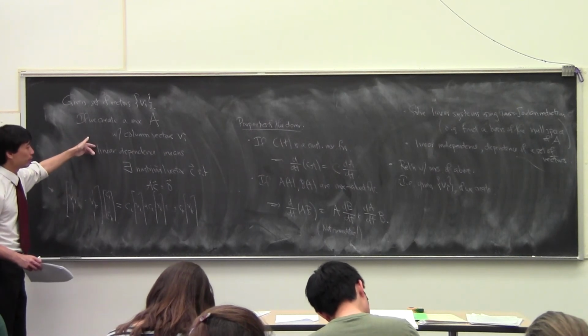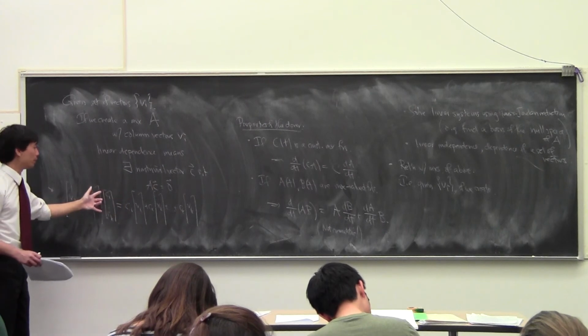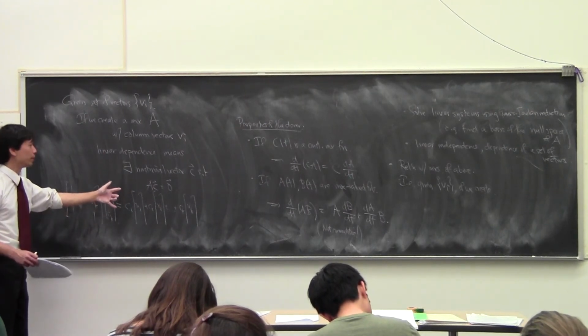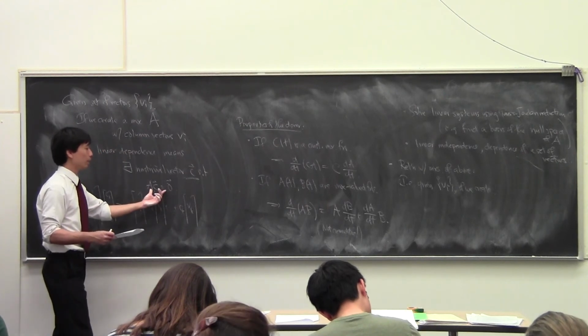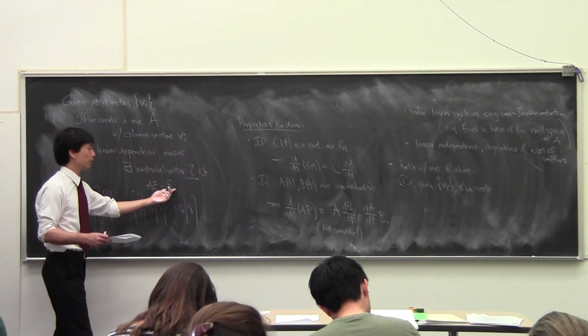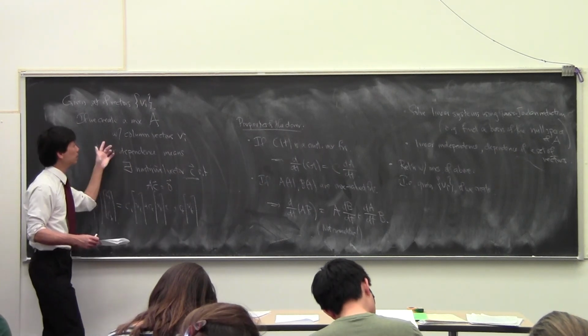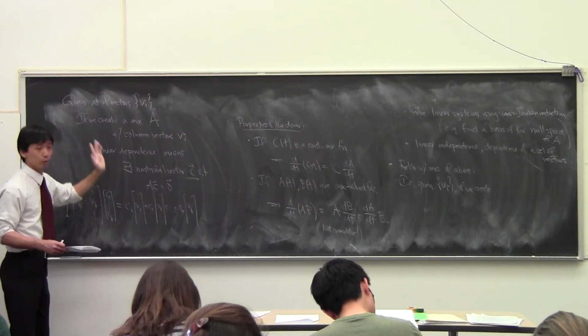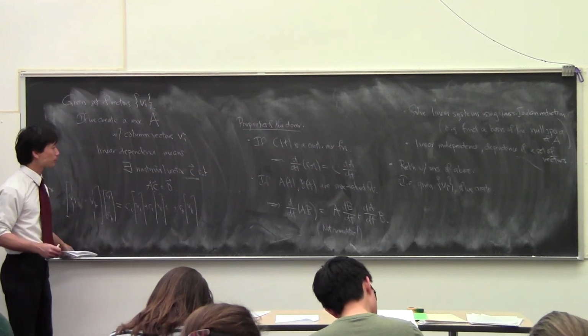Okay, so linear dependence would mean that there's some way of getting the zero vector. There's some non-trivial way of getting the zero vector. In other words, there's some non-trivial vector that gives you zero that is in the null space. So this linear dependence means that the null space is non-trivial. Okay.